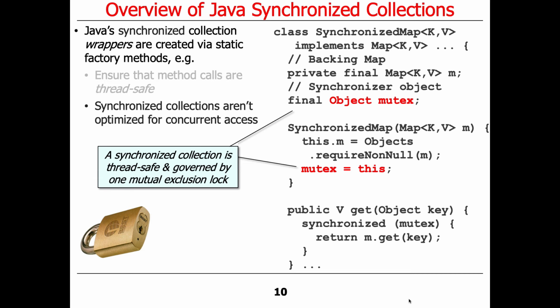And then it goes ahead and defines a field called mutex of type Object. Really bizarre, but that's what they do. Keep in mind, this is done very early in Java, so this is before they had things like reentrant locks and so on. And the constructor then takes the parameter and stores the parameter in this field called m, and then it assigns this object to mutex.